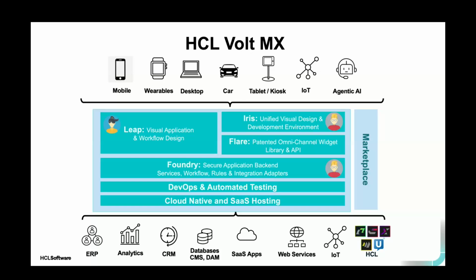This binary in the end connects to your backend, or it integrates with your data sources using a middleware called the Foundry. Foundry, other than simply being a middleware, also provides certain additional features like workflow. It can generate metrics.